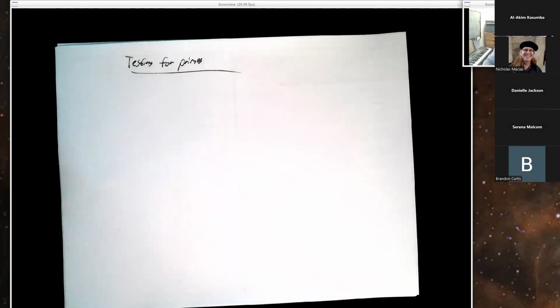I would say you check the number of factors it has. So if it has just one and itself, then it's a prime number. Okay, good. So how would you find out what the factors are?